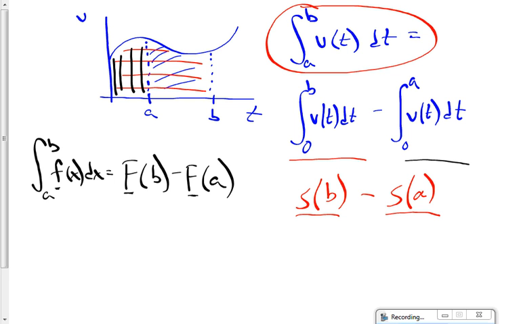I'm adding up the area all the way from 0 to b, and then I'm subtracting the area from 0 to a, and that's going to leave me with the area that's left. Does that make a little more sense? Okay, if it doesn't, just bear with me, and you just really need to follow the process from here on out. Okay, I like to give you a little bit of the why, though.